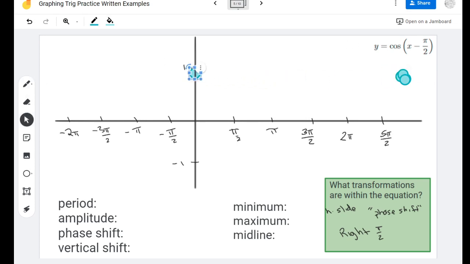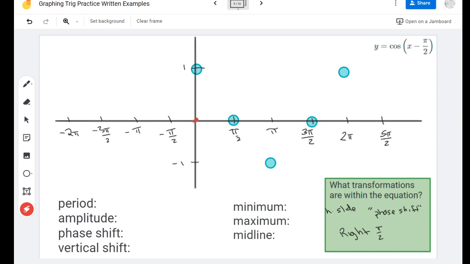Alright, so the cosine points, right? You should get your little U shape going. And so now that we have that U shape, we're going to move each of these over to the right by pi over 2. Remember, just look on your x-axis and see how many tick marks that is.